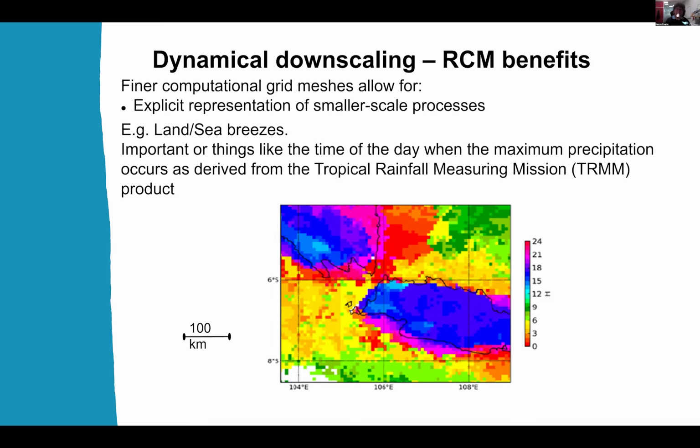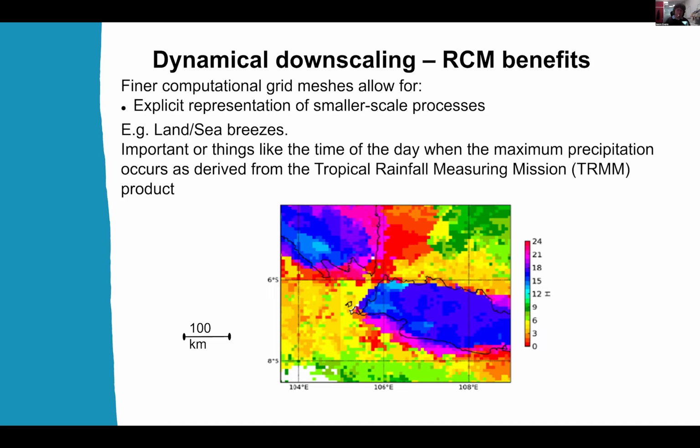We also get better representation of smaller scale processes. Things like land sea breezes can be resolved much better by our models at these smaller scales. Here's an example. This figure shows, from observations, the time of day of maximum rainfall. We're looking at a couple of the islands in Indonesia, and you can see that the time of day you get the maximum rainfall over the islands is very different to what's happening over the ocean.